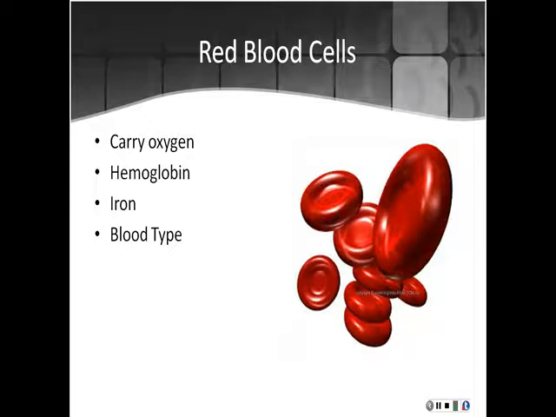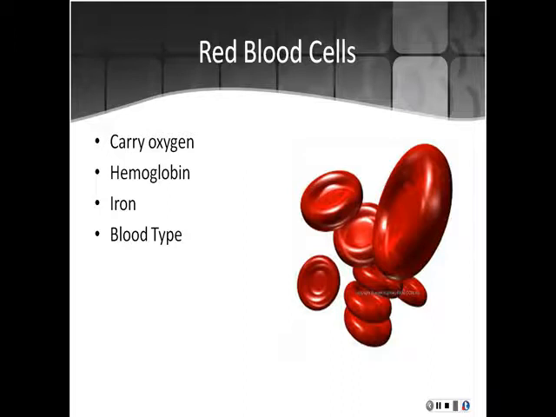The life cycle of a red blood cell is about 120 days. Diseases such as malaria or sickle cell can actually cause the destruction of the red blood cells to happen at a much faster rate.